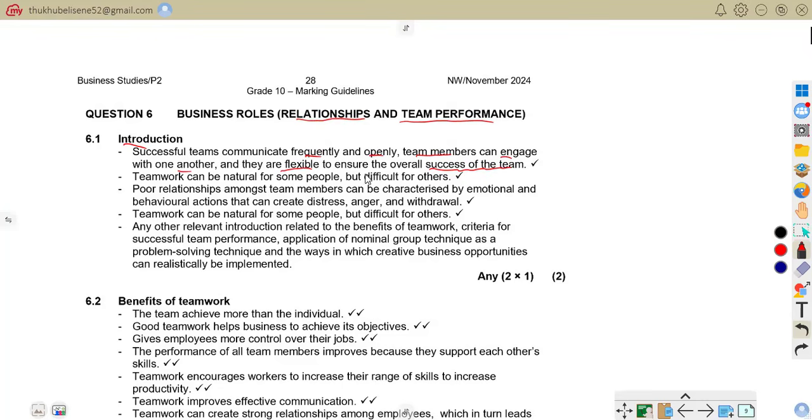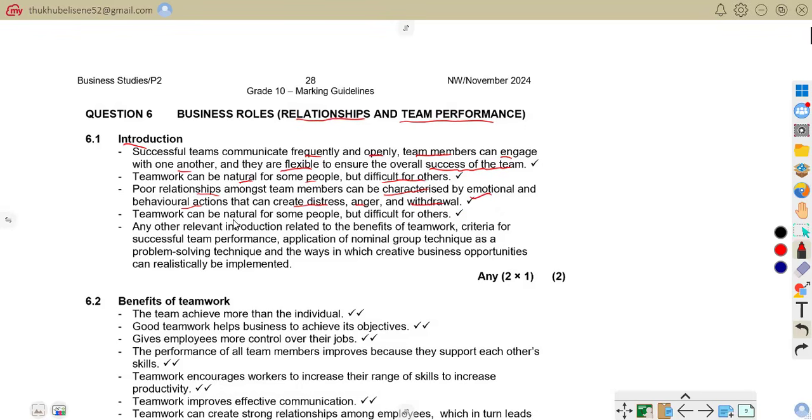Successful teams always meet and try by all means to discuss and come up with views and opinions on how to solve problems. So teamwork can be natural for some people, but difficult for others. Poor relationships amongst team members can be characterized by emotional and behavioral actions that can create distress, anger and withdrawal.